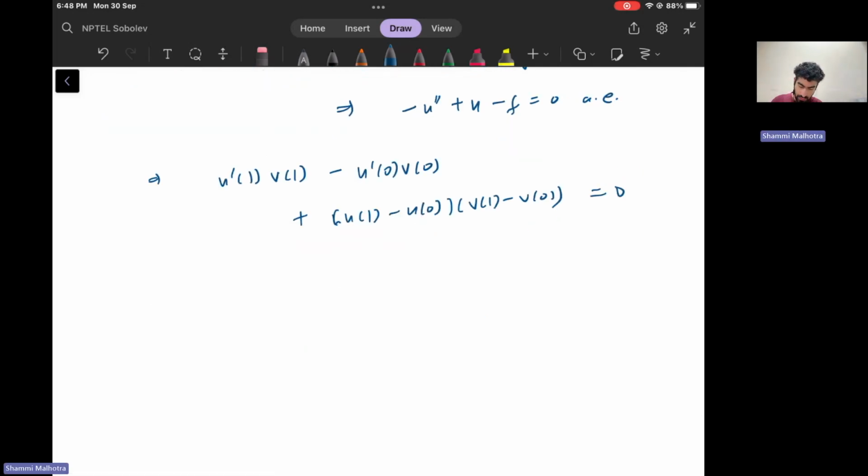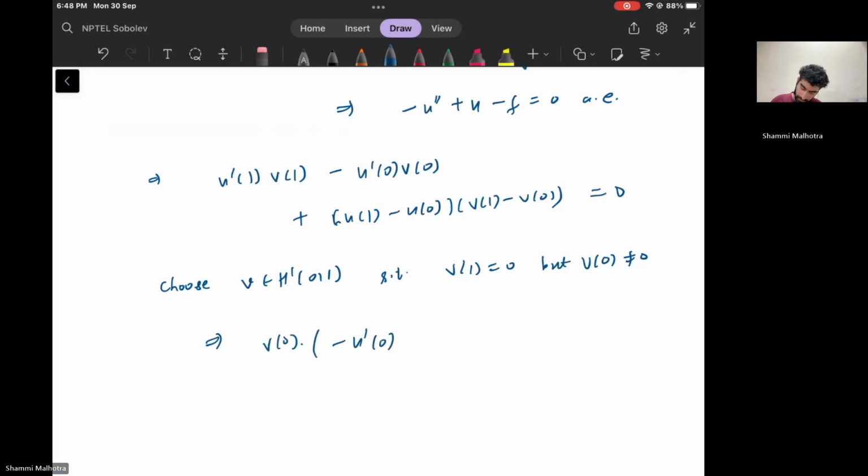So now I can choose v in H^1(0,1) such that v1 is 0 but v0 is non-zero. What will this imply? This will imply v0 times (minus u dash 0 minus (u1 minus u0)) equals 0.